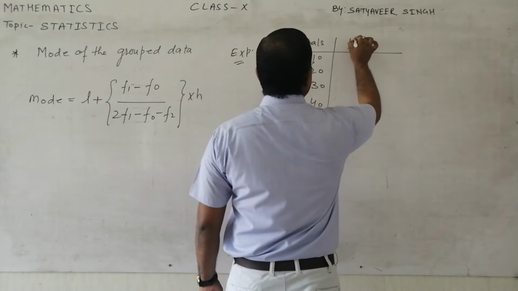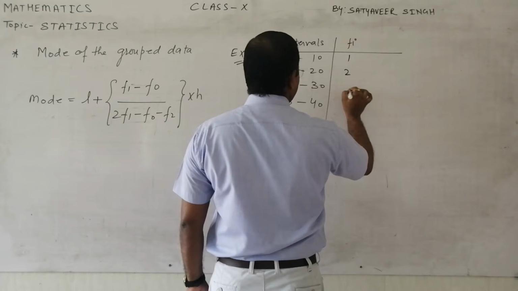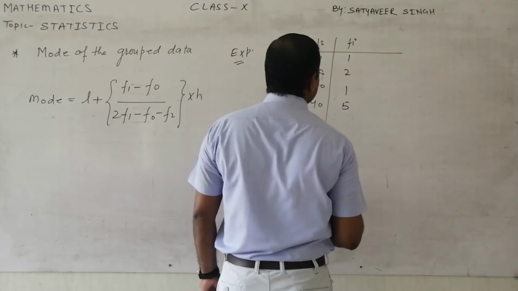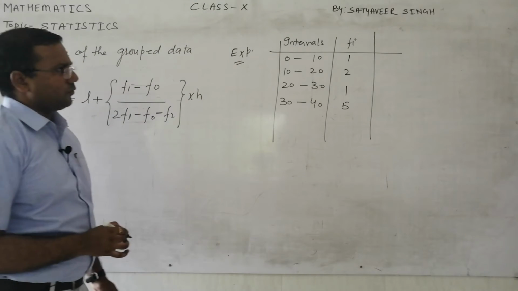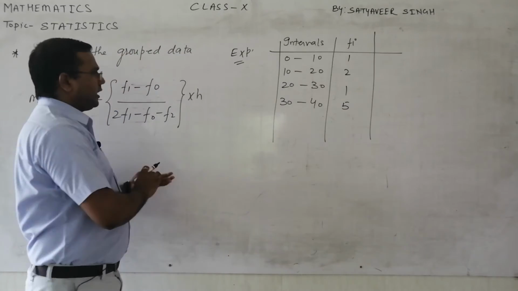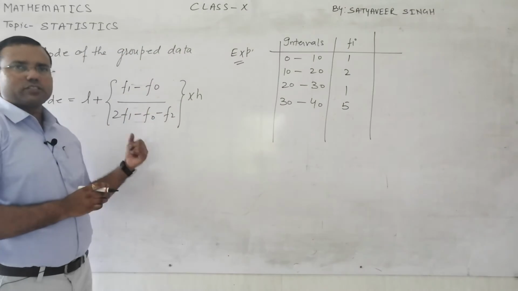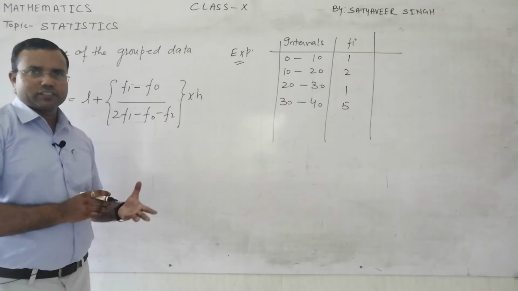Maybe I have the frequencies also: 1, 2, 1, 5. Now with the help of this simple example, I want to explain to you how to utilize this formula in the question. If the example is simple, once you understand the meaning of all these terms and how to select them, you can apply the same formula to a larger set of observations also.